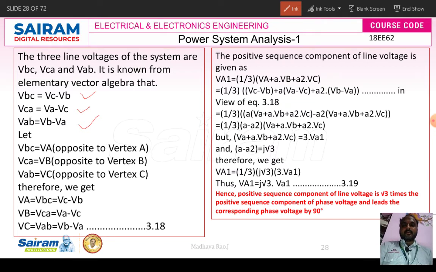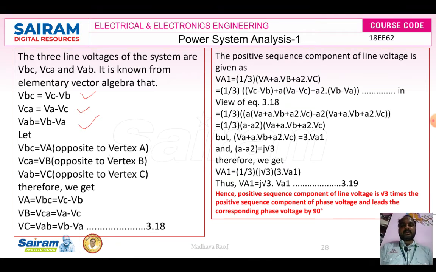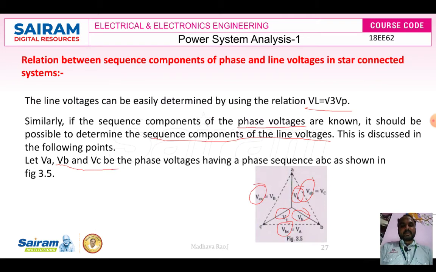Now VBC is opposite to vertex A, VCA is opposite to vertex B, and in the phasor diagram we can see VAB is opposite to vertex C.